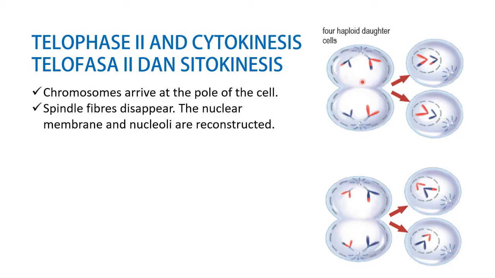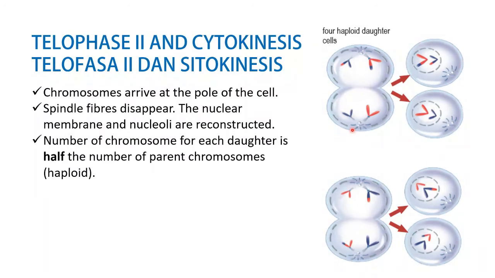Spindle fibers disappear. The nuclear membrane and nucleoli are reconstructed, meaning they will reappear and reform. The number of chromosomes of each daughter cell is half the number of the parent chromosomes, which is haploid. 1, 2. See, the number of chromosomes is only 2. The parent's number of chromosomes is 4. So it's already reduced to half.